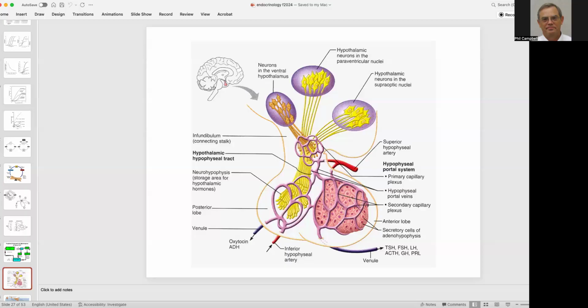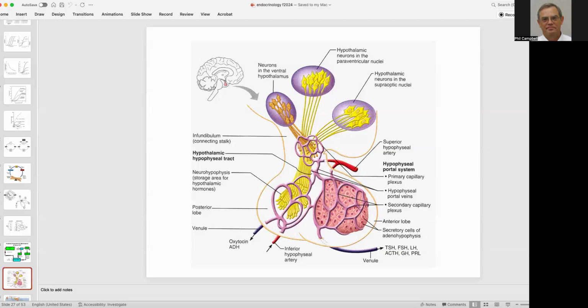Now, the second thing that happens, the hypothalamus will also release its own hormones, different hormones, and they will target the anterior pituitary here. So basically, when they go to this part, they will stimulate the cells within the anterior pituitary to make their own hormones.